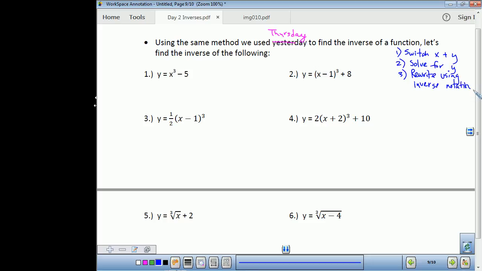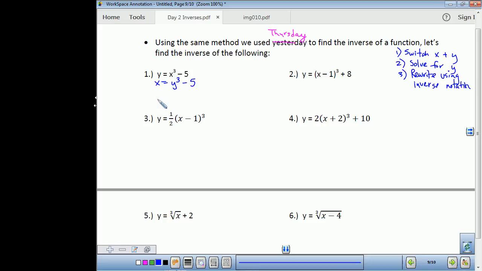Those were the 3 steps we used when we did inverses of linear functions, the Thursday before. These steps are the same though. We just get there a little differently. So step 1, switch the x and y, so that it becomes this.